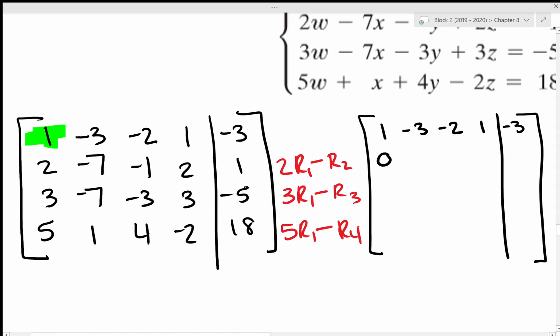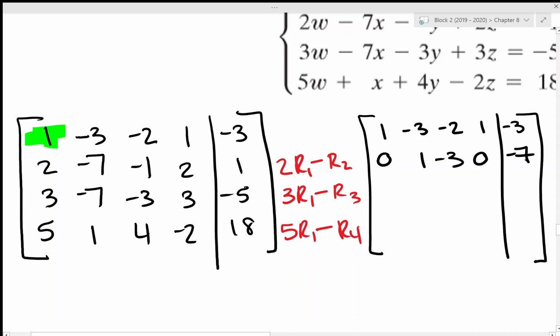So, 2 times -3 is -6, minus -7, so plus 7, I get 1. 2 times -2 is -4, minus -1, so plus 1, I get -3. And then 2 times 1 is 2, minus 2 is 0. And 2 times -3 is -6, minus 1, -7.